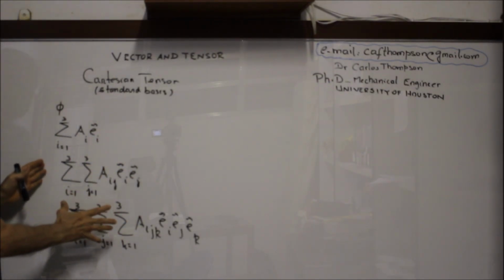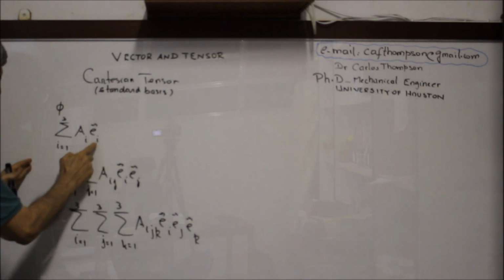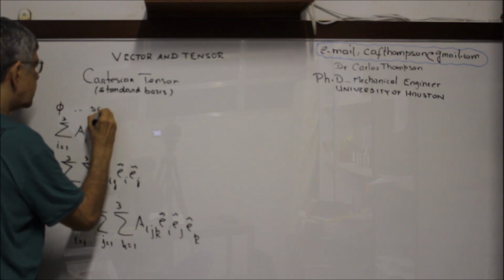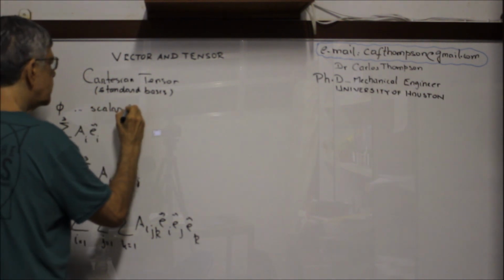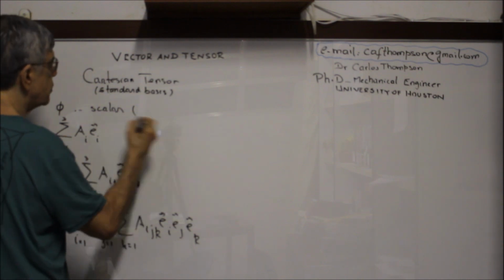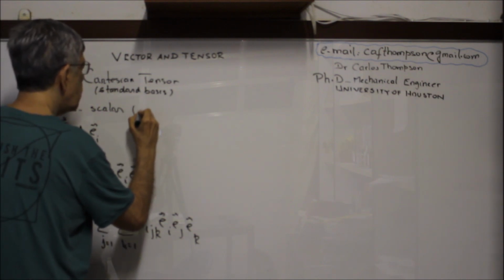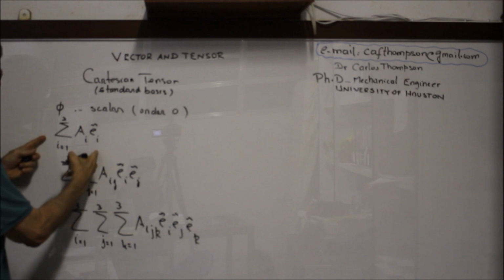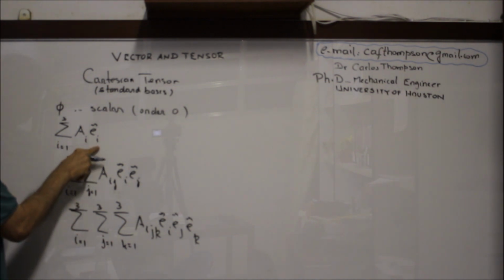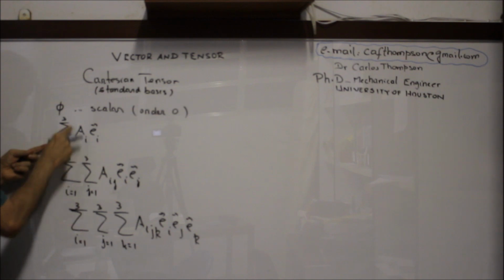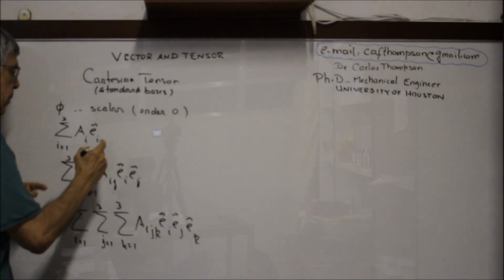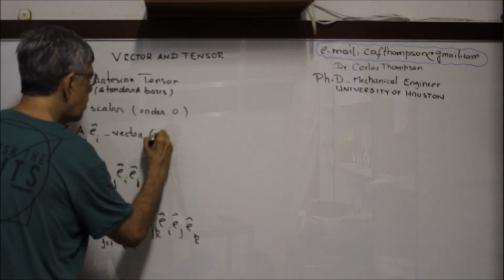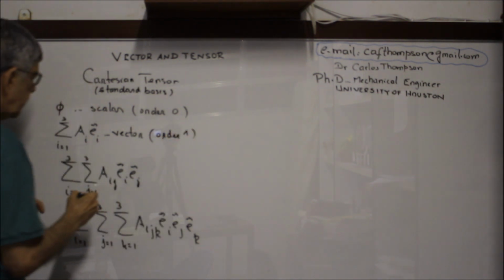So we can write a Cartesian tensor using the standard basis. This quantity here is a scalar, which is a zero order tensor. This is a vector. You see, there is Ei over here. You can put j from 1 to 3, Aj Ej, so no problem. So this is a vector, a tensor of order 1.